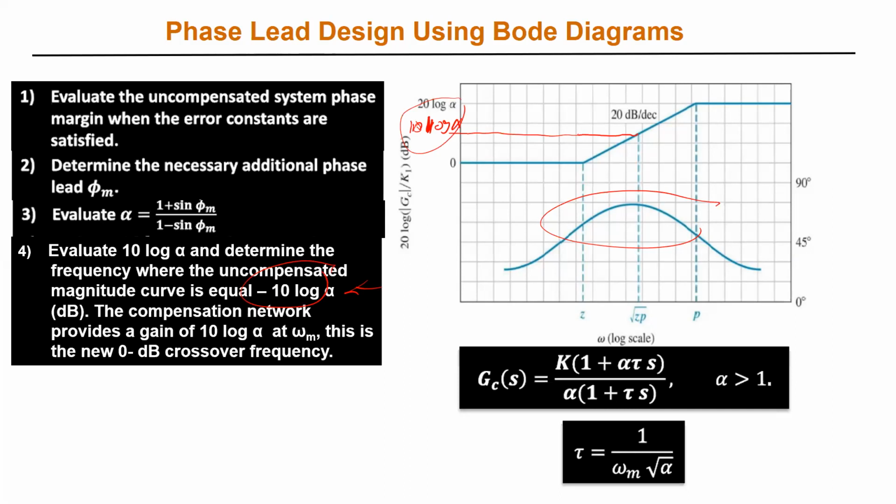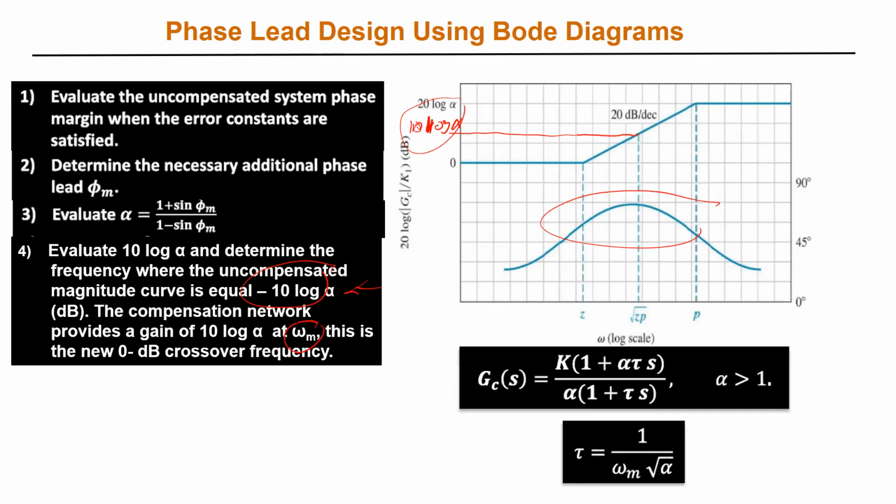I know the exact quantity because I already determined alpha. If I add this amount at the point where I read the minus, the net effect of those two will be 0 dB. This 0 dB is my new crossover frequency.